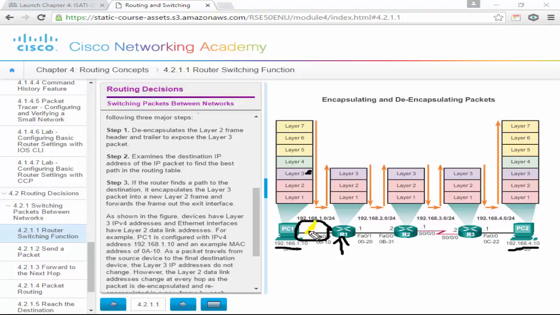But in this yellow network, first we have the MAC of PC1, and then we have the destination MAC of the default gateway, which is R1. And then those are going to get ripped off by that router, and if it has that network, it's going to forward it on, and it's going to say the source interface is F0/1 of R1, and the destination is F0/2. And remember, these are MAC addresses, or layer 2 addresses that we're talking about.